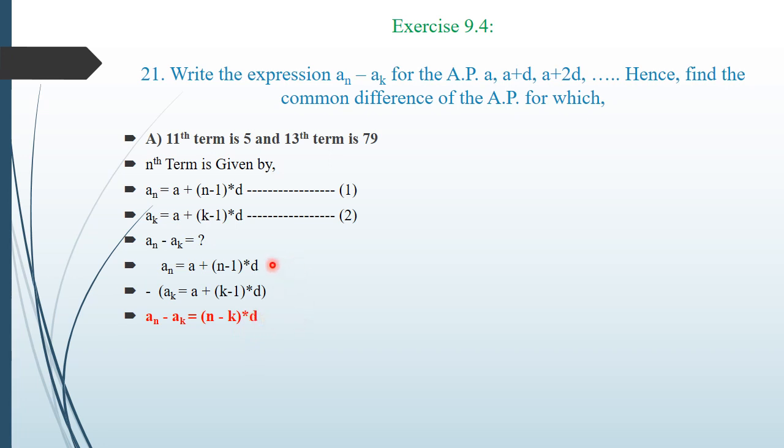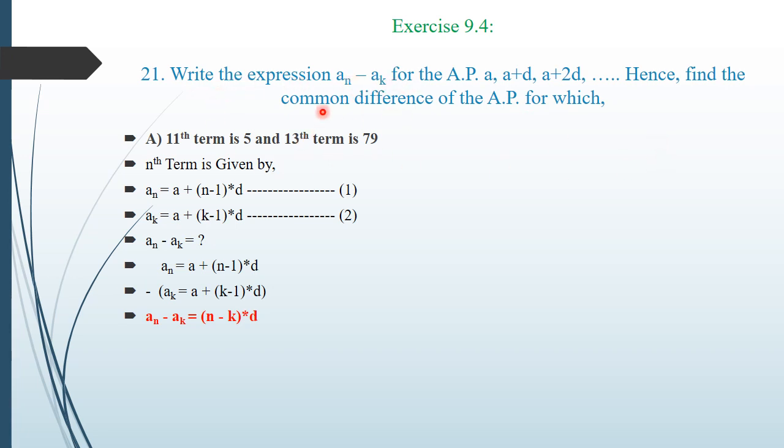When you simplify this by multiplying d in this bracket, you will come to this particular equation at the end. We have an minus ak general term. Now we have obtained an minus ak is equal to n minus k into d. This is the first expression that we wanted to calculate.